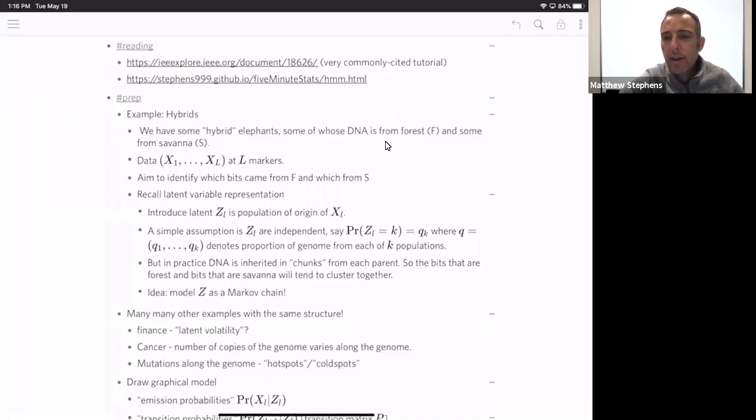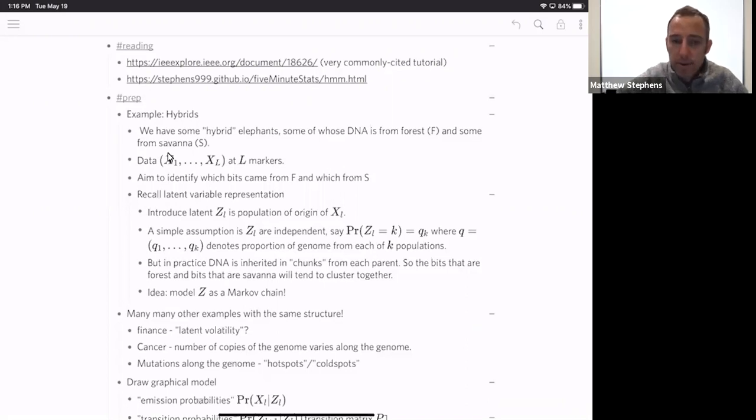So the idea is that as you look along a chromosome, the DNA that the elephant has, some of it will have come from forest and some of it from savanna origin. It's like the mixture model, except that now we've got a single individual who's a mixture.